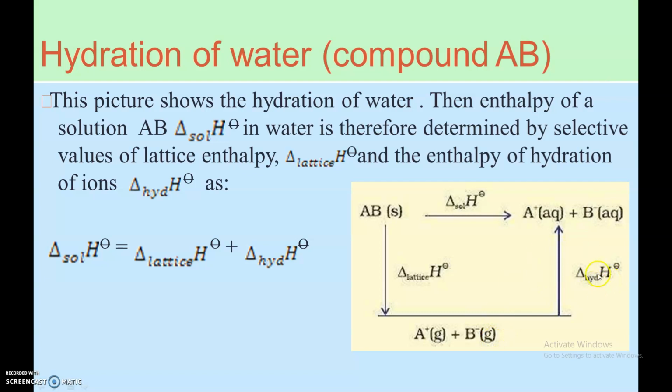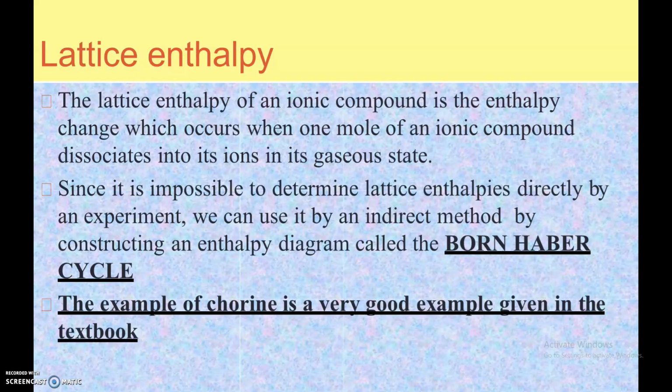So the hydration enthalpy: first lattice enthalpy, then hydration enthalpy. So AB will dissolve in water in 2 steps. First, it will separate into its constituent ions, then it will dissolve. So we have to take the sum of these two. Then only we will get the enthalpy of solution of the compound in water.